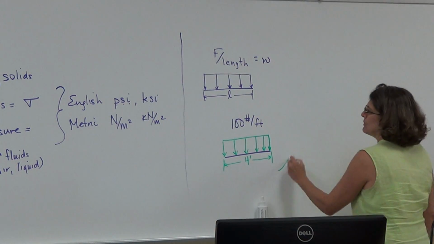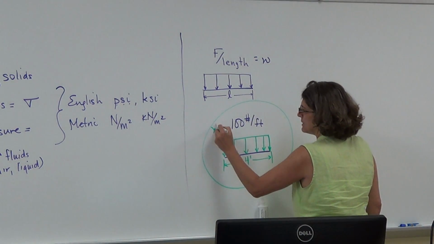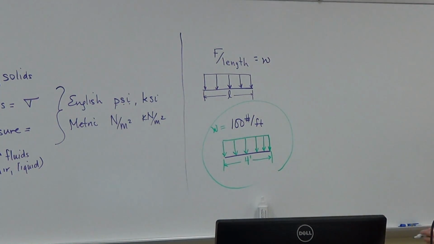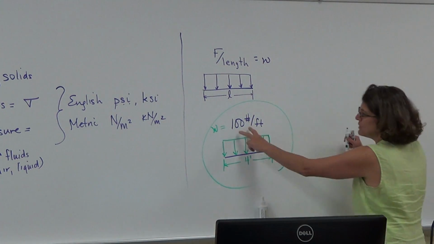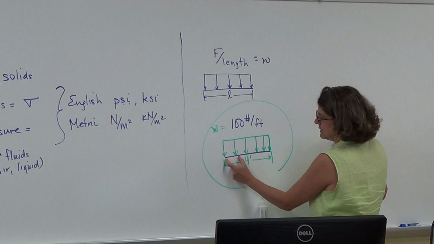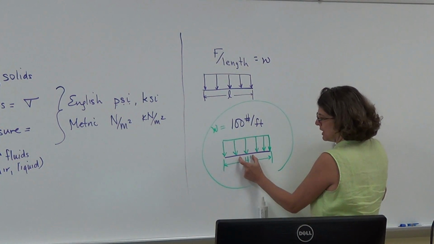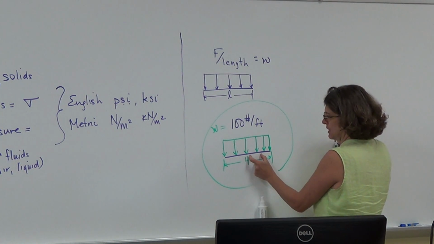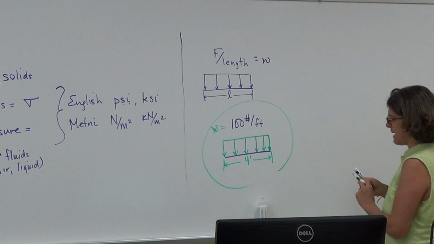So in this example right here, I'm telling you that the force over the length is 100 pounds per foot, and we're spreading it over 4 feet. So what is the total load on this beam? It says 100 pounds per foot. Well, here's 1 foot. So in that 1 foot, there's 100 pounds. Another foot, 100 pounds. Another foot, 100 pounds. And another foot, 100 pounds.